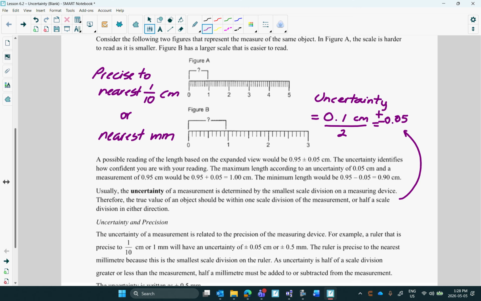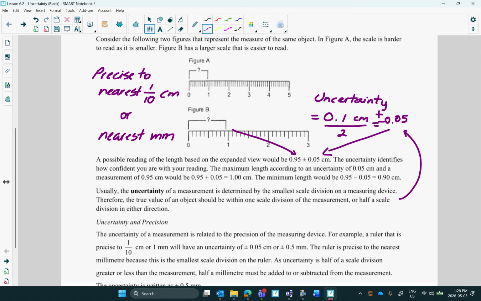So in this case, if we look at this one, it looks like it's around 0.95 centimeters. Okay, maybe 0.94, somewhere around there. So we would say 0.95 plus or minus the uncertainty, 0.05.